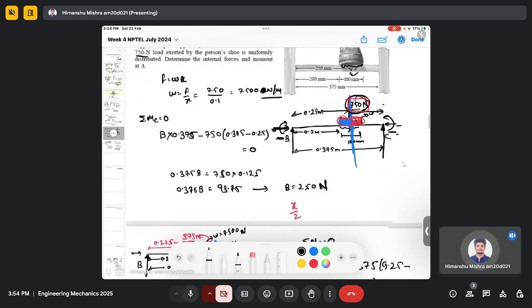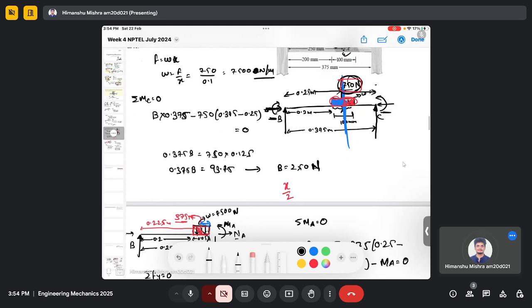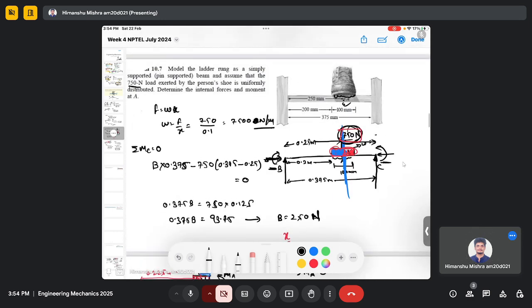So any issue in this question? This question was similar to the previous one because we need to find the force and moment at a particular point A here. The only difference was we have modeled this shear force as a uniformly distributed force, and we need to find the force and moment at a point A which is in between this uniformly distributed force.